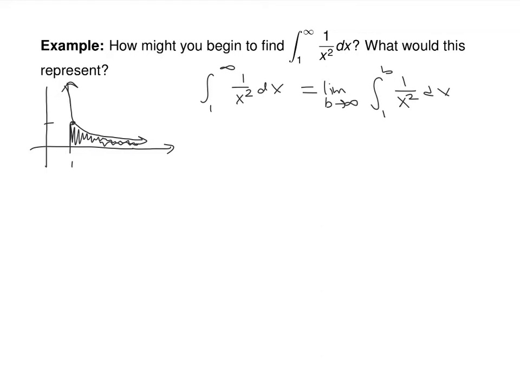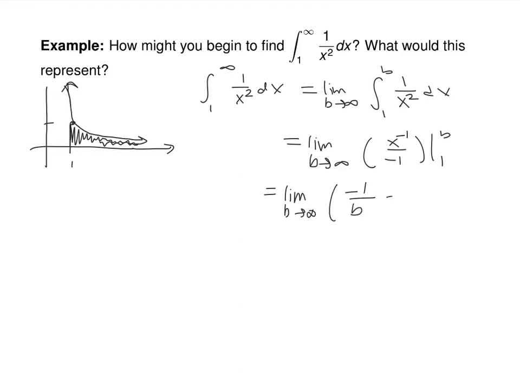Now the antiderivative of 1 over x squared, or x to the negative 2, is x to the negative 1 over negative 1, evaluated from 1 to b. So that's the limit as b goes to infinity of negative 1 over b minus negative 1 over 1. As b goes to infinity, 1 over b goes to 0, and a double negative makes it positive, so this is 1.